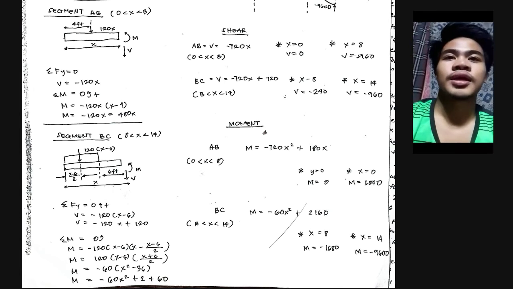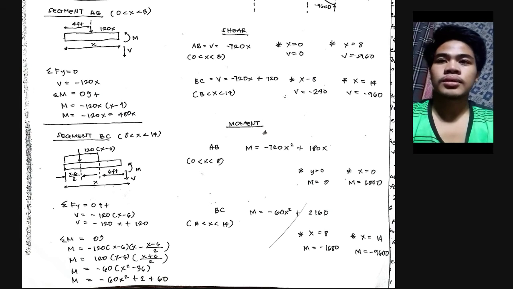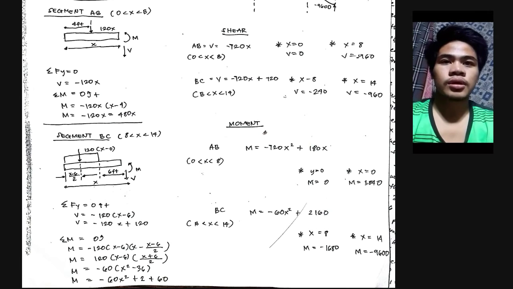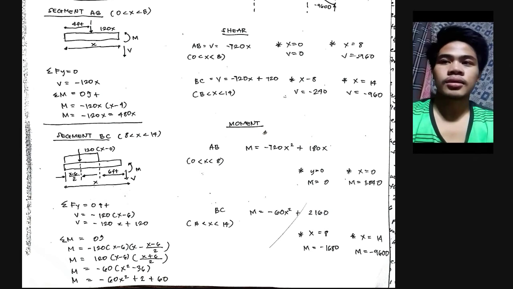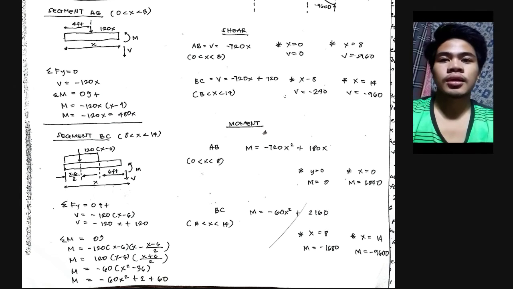Next, for the moment, for the AB equation, M is negative 120x squared plus 4 times 120x, and then at x equals 0, we have the moment equal to 0, and for x equals 8, we have a moment of negative 3840 as plotted here in the graph.